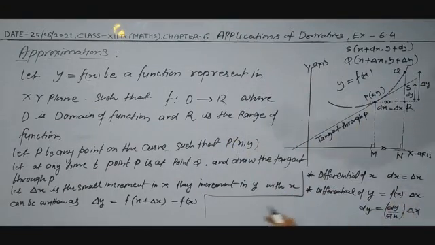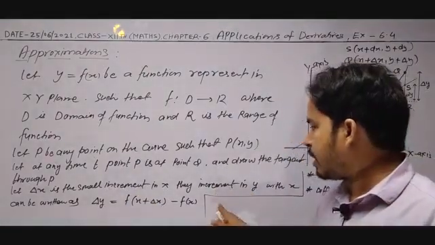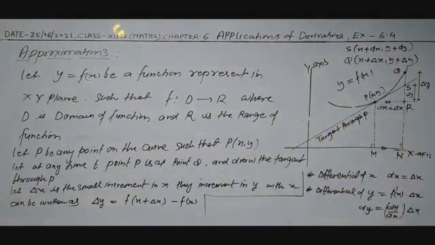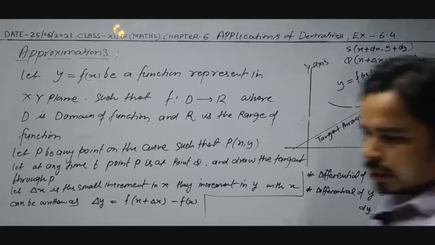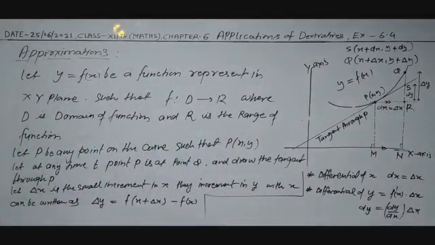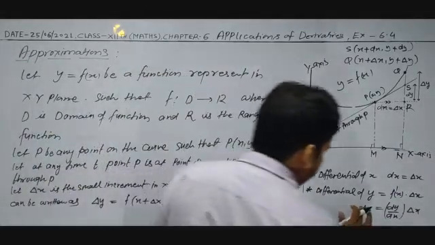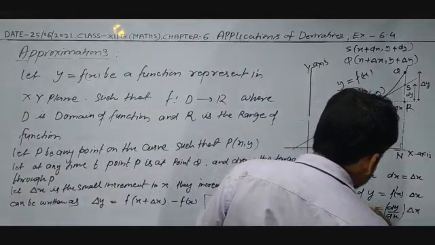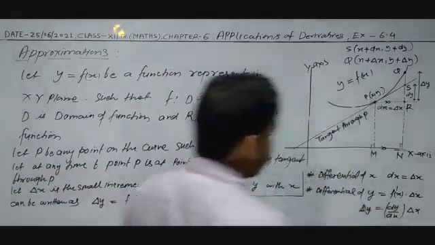Means f dash x is equal to f(x plus h) minus f(x) whole upon del x, and when you multiply by del x, you get f dash x into del x. So this is the small change in y, the increment in y: del y is equal to dy by dx into del x. So this is the increment in y, that is del y.